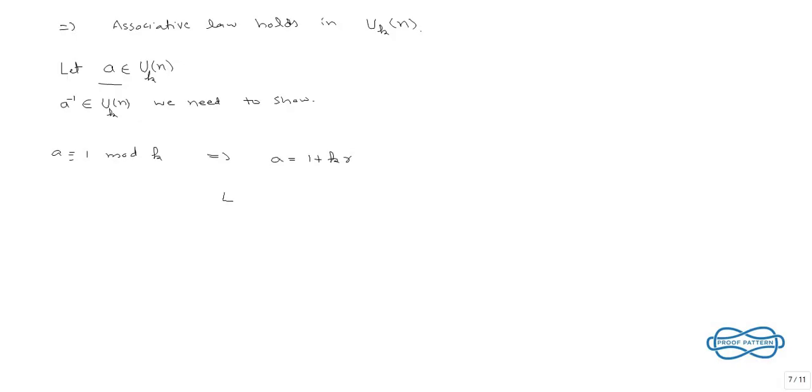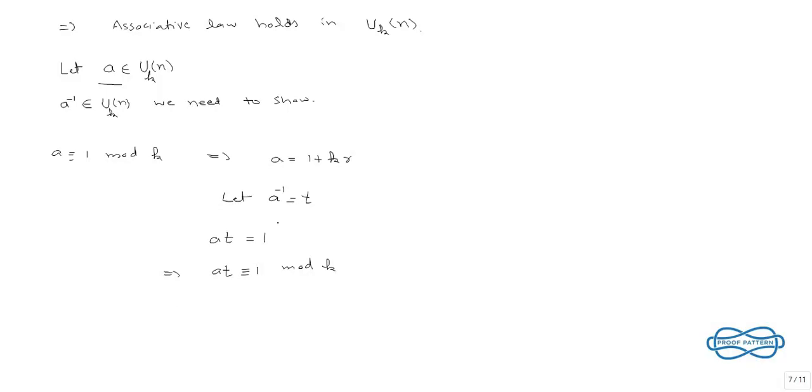Let a inverse be equal to t. We multiply a and t, and because they are inverses of each other, we will get the identity element 1. This means at is congruent to 1 mod k.